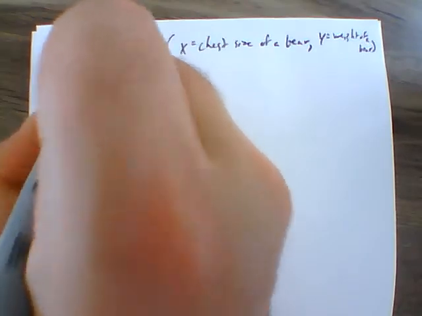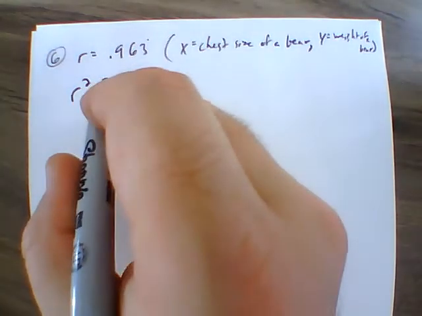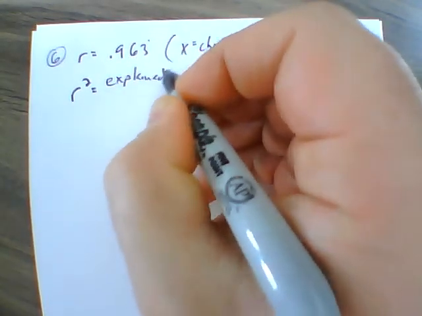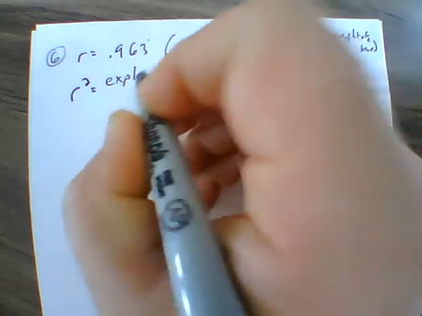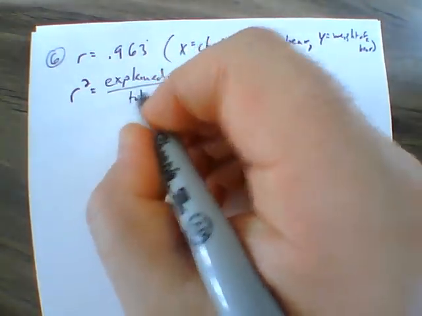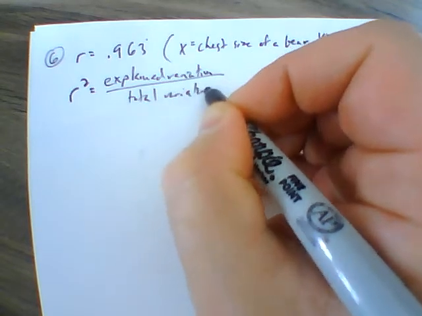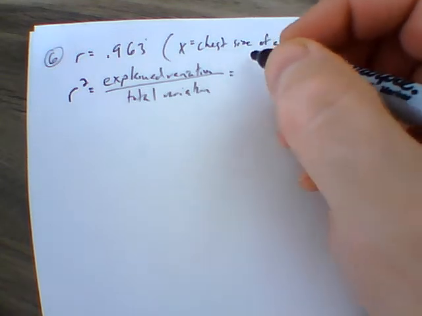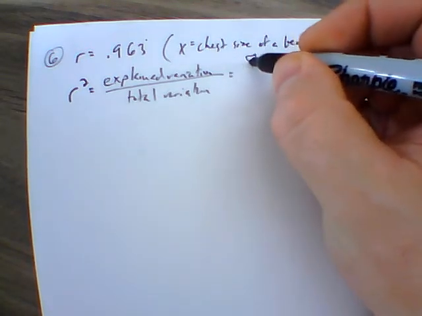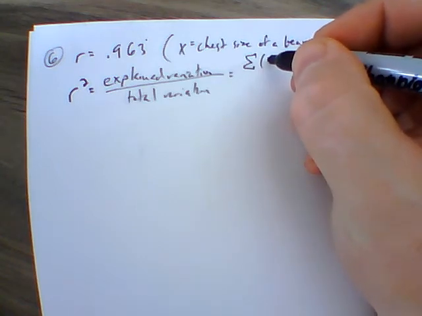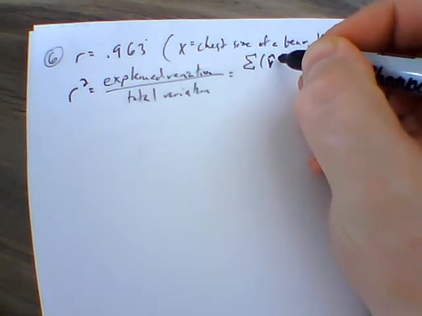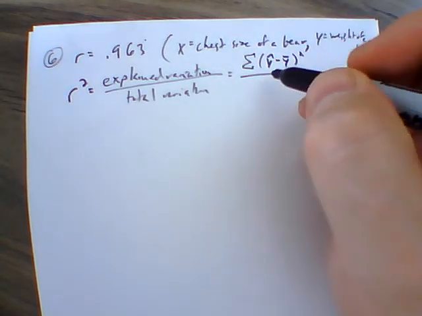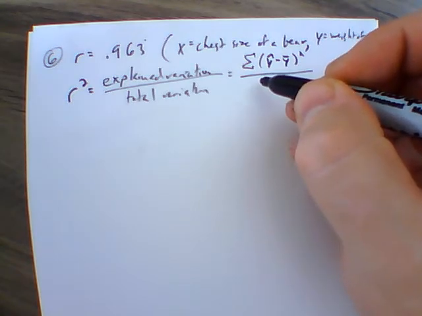Remember, that was R squared. R squared had two different formulas. We could take our explained variation and divide it by the total variation. Remember, the explained variation was our summation of y hat minus y bar, squared, and then we divide that by the summation of our total variation.